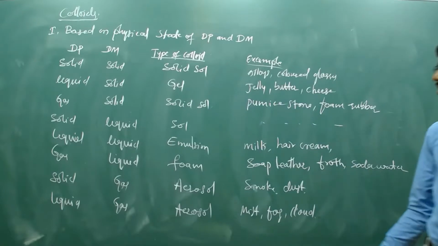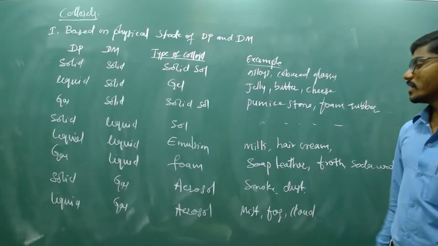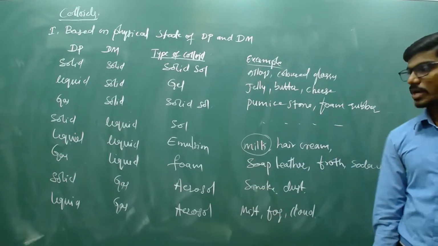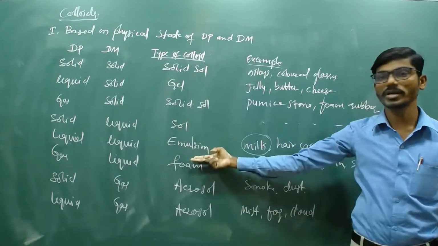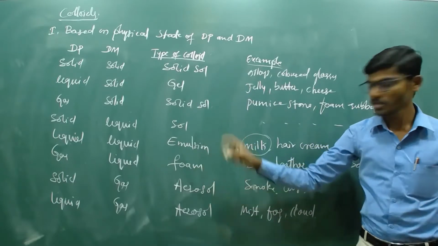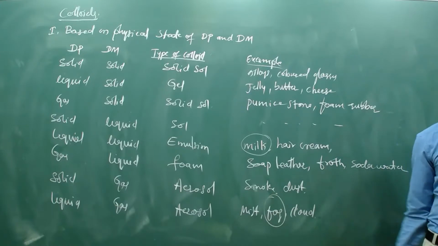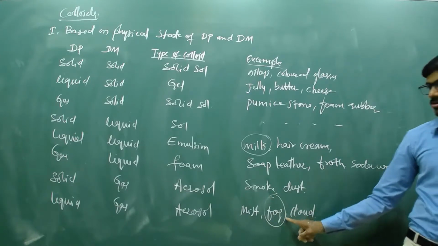Particularly, how are they going to ask? Identify the dispersed phase and dispersion medium in milk. They may not even mention the name emulsion, gel, or the like. Identify the dispersed phase and dispersion medium in foam. So what is the dispersed phase?